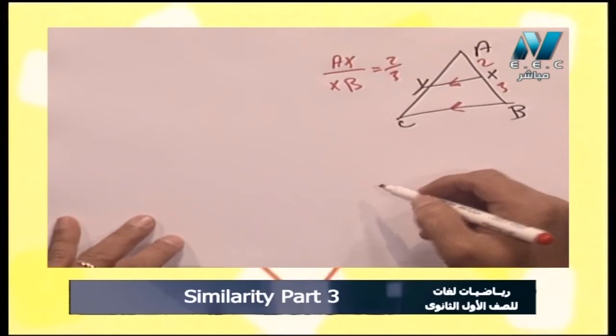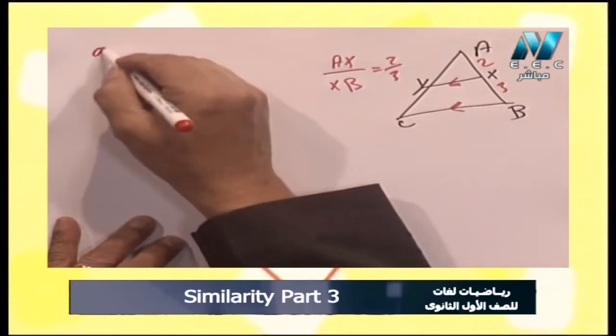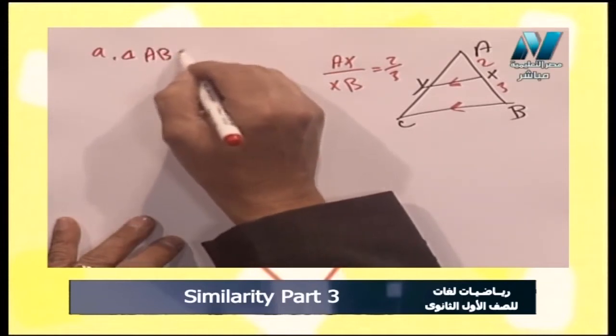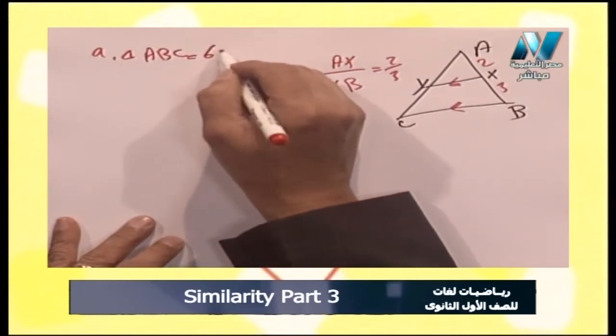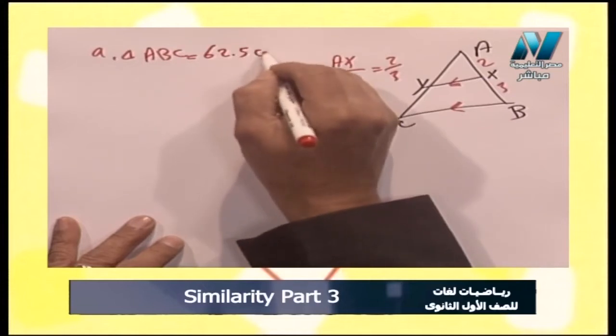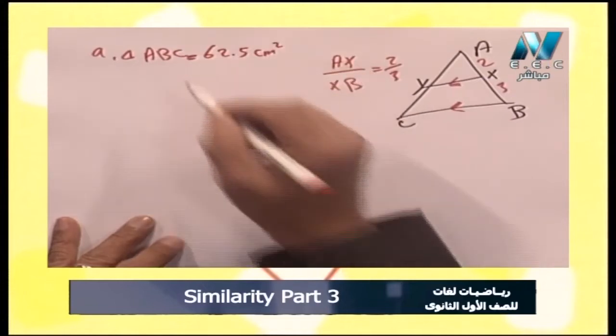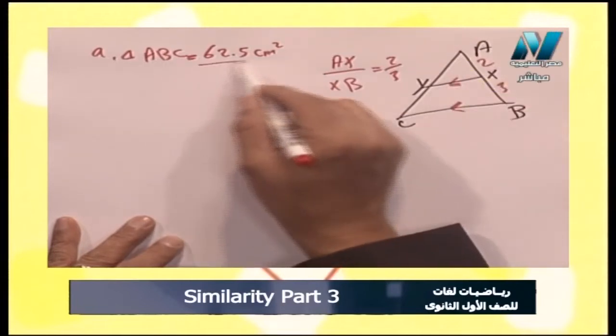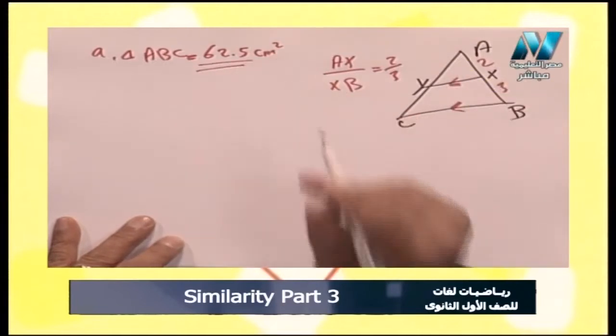And given that the area of triangle ABC equals 62.5 square centimeter. We have the area of the whole triangle ABC here equals 62.5 square centimeter.